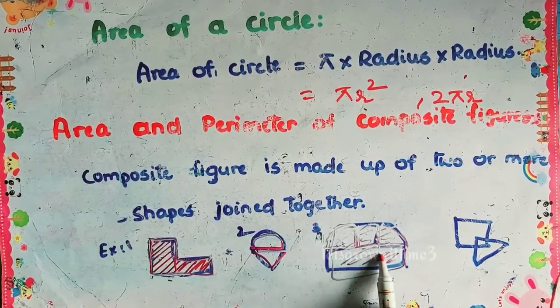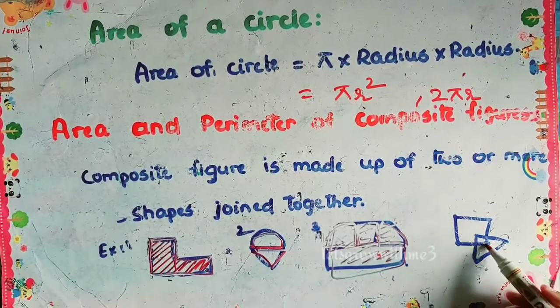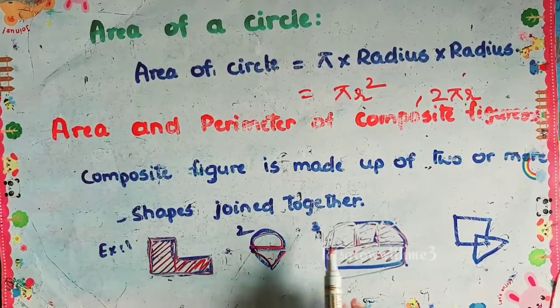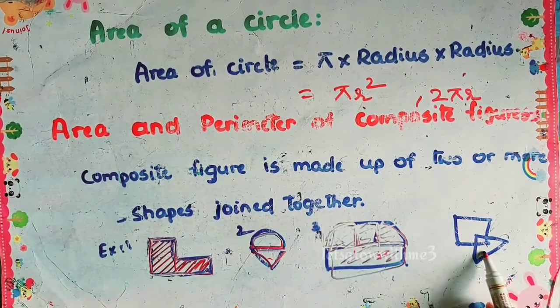But in the 4th picture we have an overlapping area. So how do we find the area? This kind of picture is a bit different compared to the other 3 pictures.